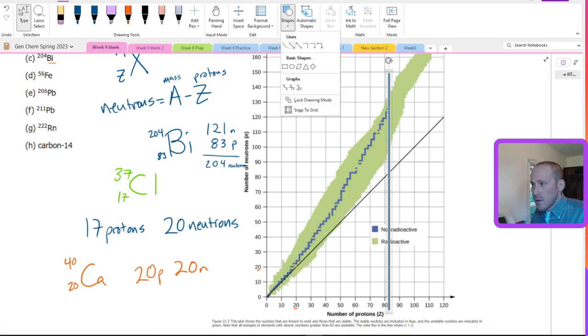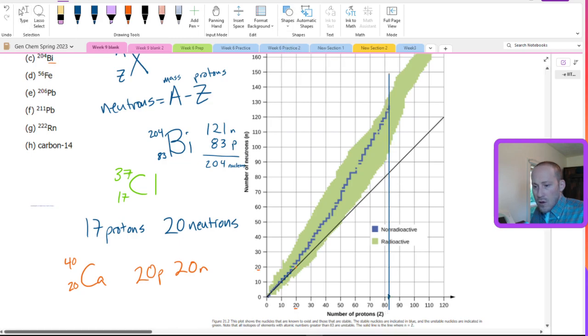Again, I'm holding shift. If I don't hold shift, it'll let me be wonky with my angle. So you hold shift. And maybe in a different program it's a different button, but here it's that. Okay, so now we can move this. Oh, this is hard to move this line for some reason.